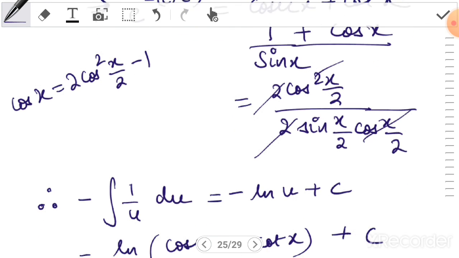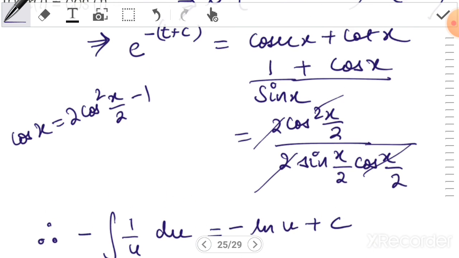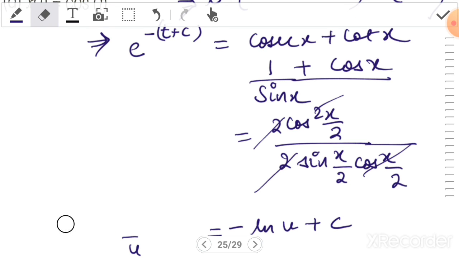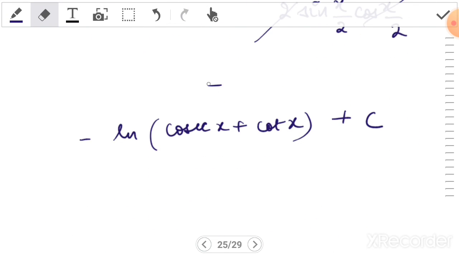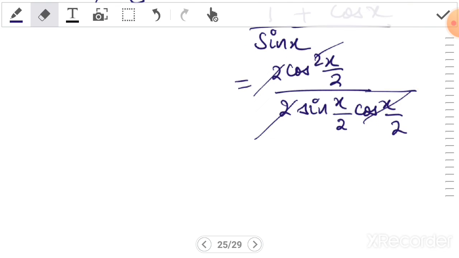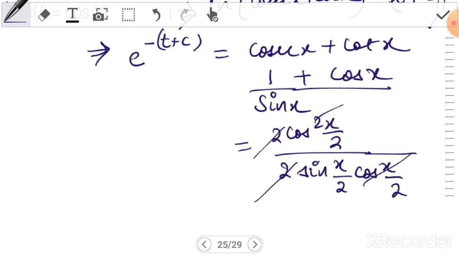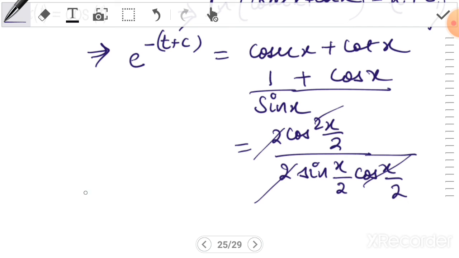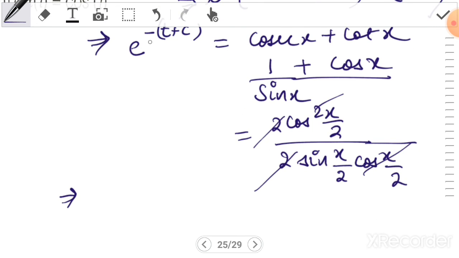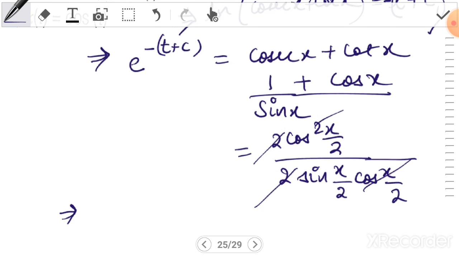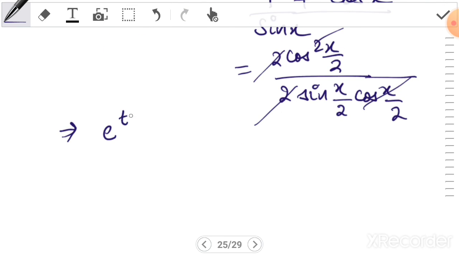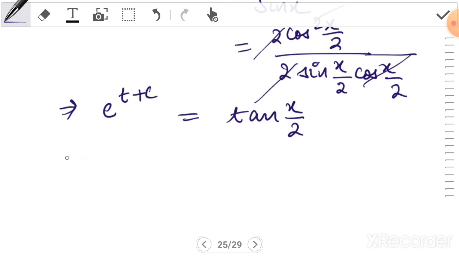So this is cos x by 2 and sin x by 2. Okay, then taking reciprocals on both sides, this will become e power t plus c, and this will become tan x by 2, right?